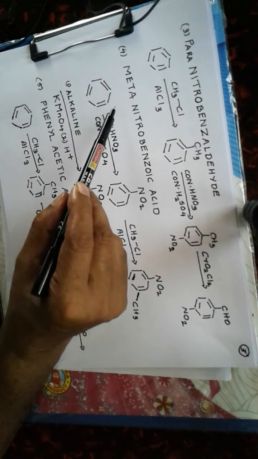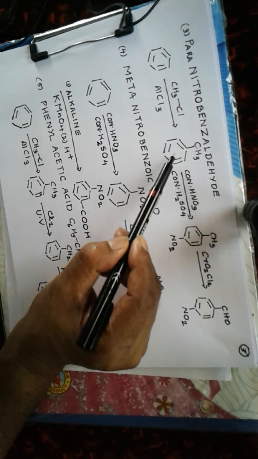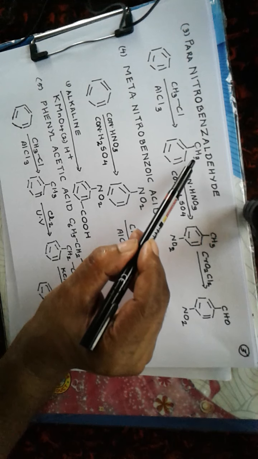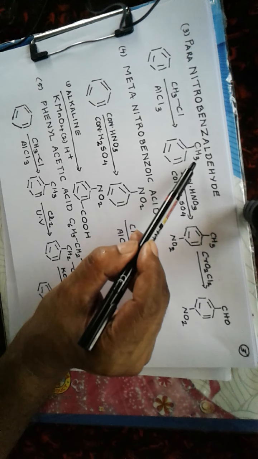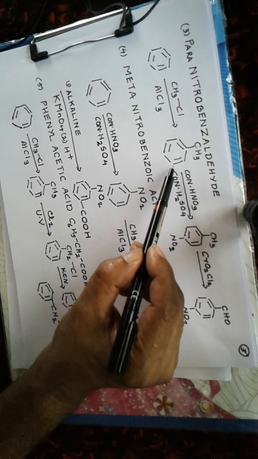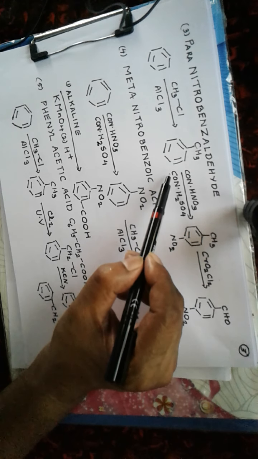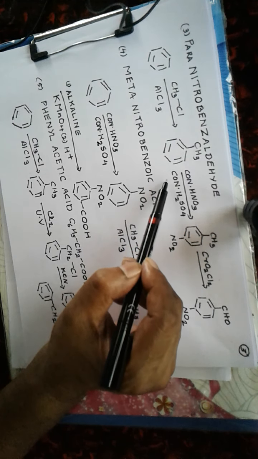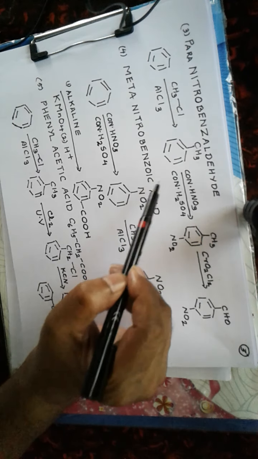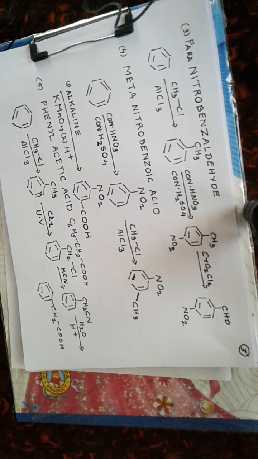We get methyl benzene, that is toluene. Then alkaline KMnO4 oxidation followed by acidification, we get COOH, and then you nitrate the benzoic acid to get meta-nitrobenzoic acid, that is the acid group is meta-directing, and that is another method.